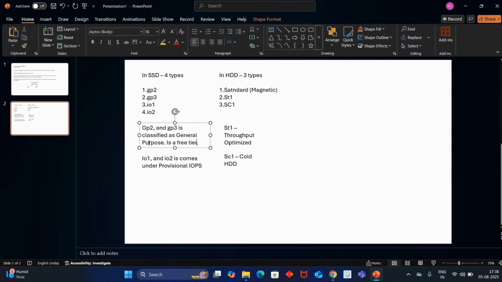ST1 we can use for streaming data, log processing and other things. Cold HDD, SC1, is for long-term storage. So GP2, GP3, and standard are free trial, and for the other volume types we need to pay. That's all about volume types in EBS.